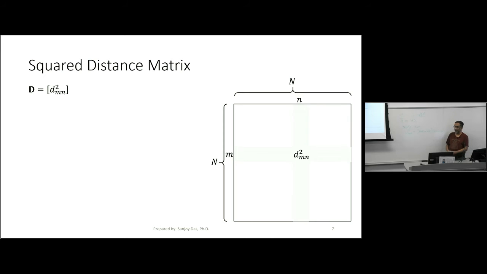So this is the squared distance, and I take the difference between xm and xn, the two sample points, and then I take the L2 norm, or difference transpose times difference, and I get dmn squared.